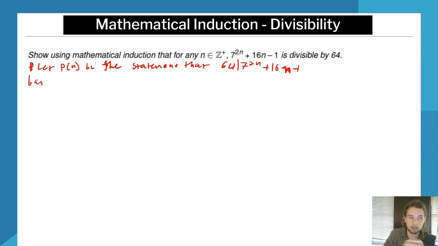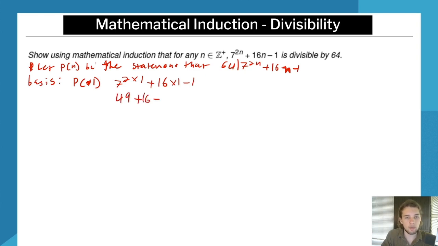We're following a very similar system to last time, and that is the system of mathematical induction. Let's consider P1, because that is our minimum value of our well-ordered set of the positive integers. So we have P1, that is 7 to the power of 2 times 1 plus 16 times 1 minus 1, which is the same as 49 plus 16 minus 1, which is equal to 64.